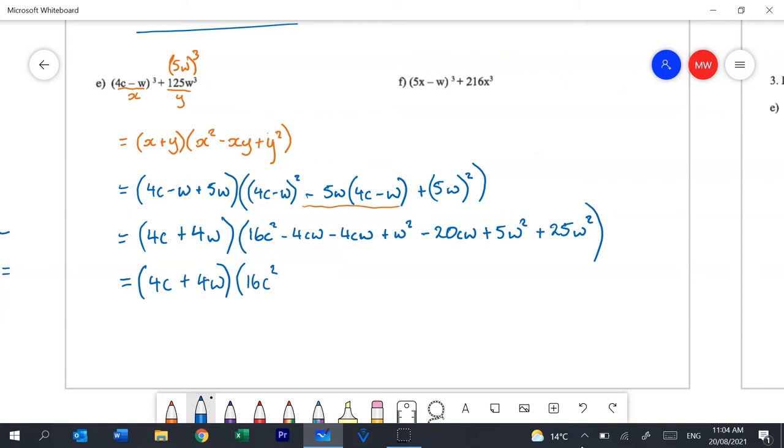For the cw's, I've got minus 4 makes minus 8, minus another 20 makes minus 28cw. And I have got 1 plus 5 plus 25, 31 w squareds. And that's fully factorized.